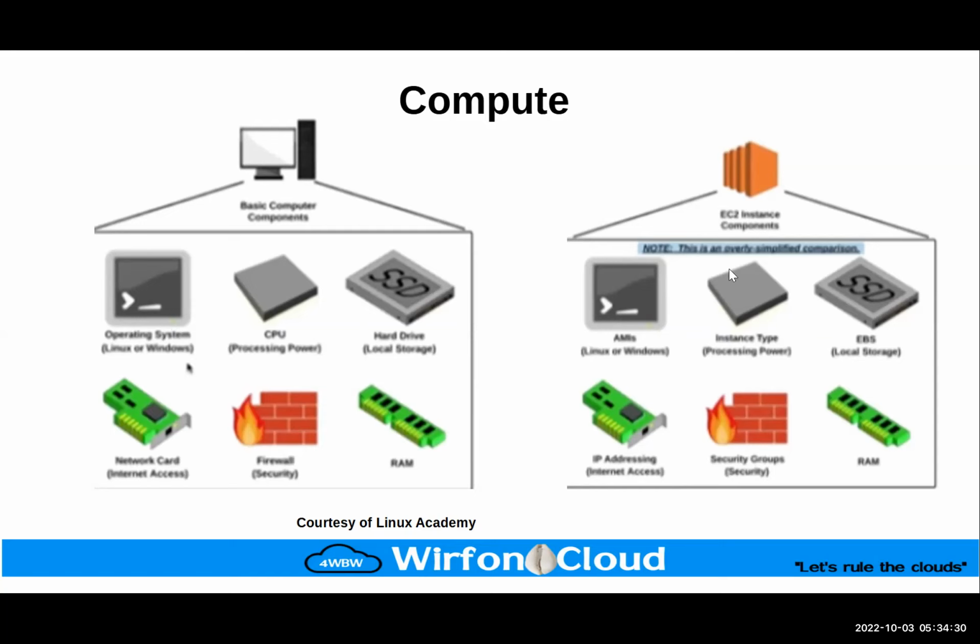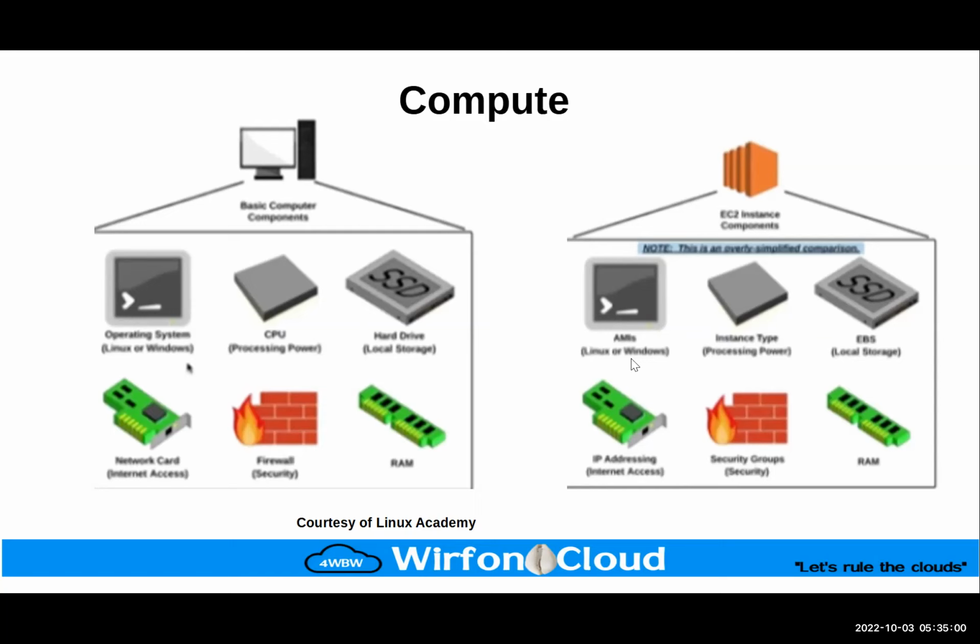On your right, you have an EC2 instance component, really the simplified version of it. For the operating system, you have an AMI for EC2, and you will subsequently hear about AMI, which could also be a Linux or a Windows AMI.